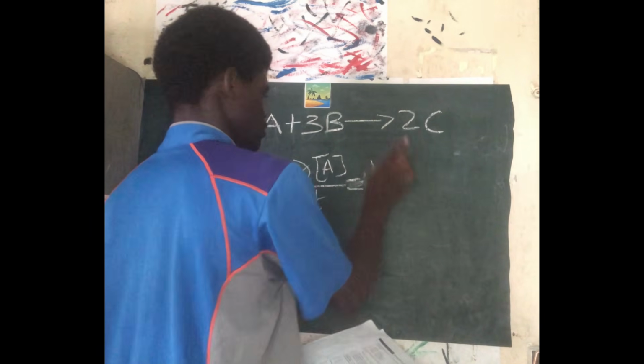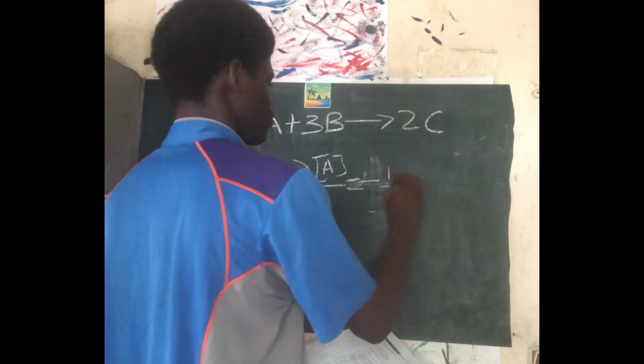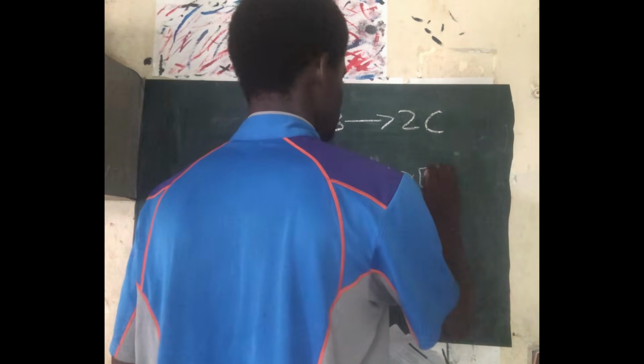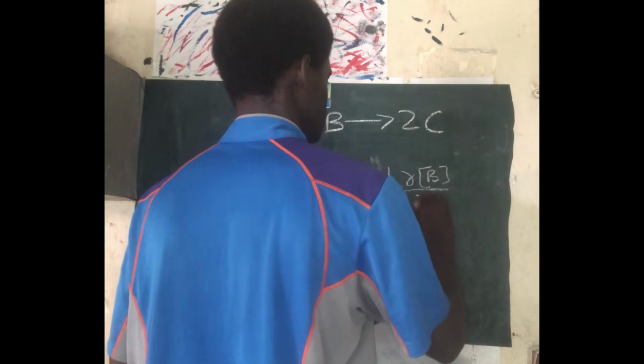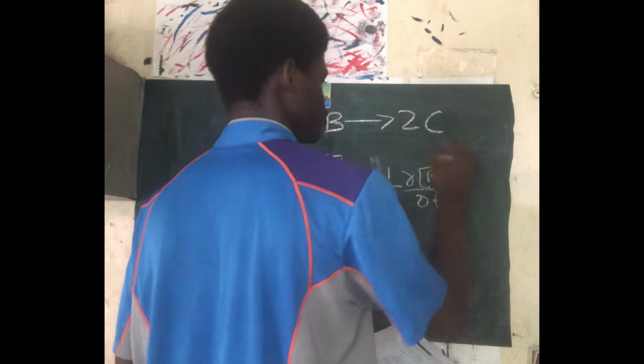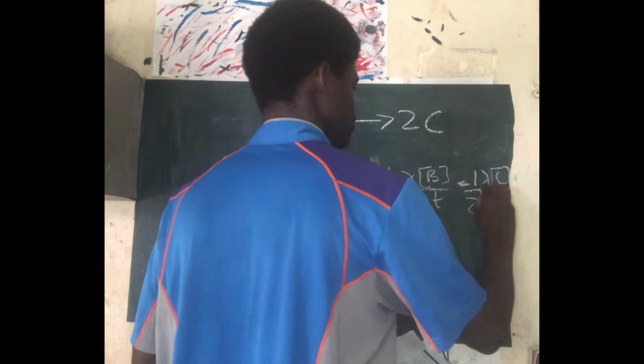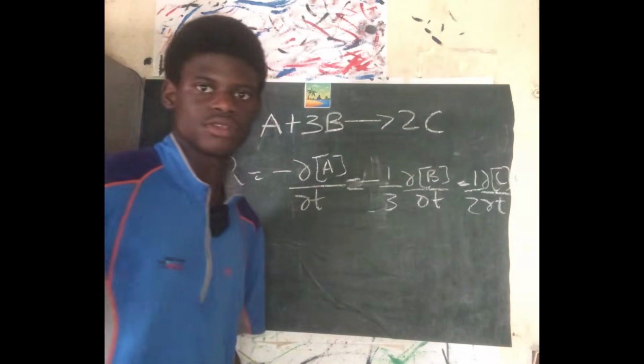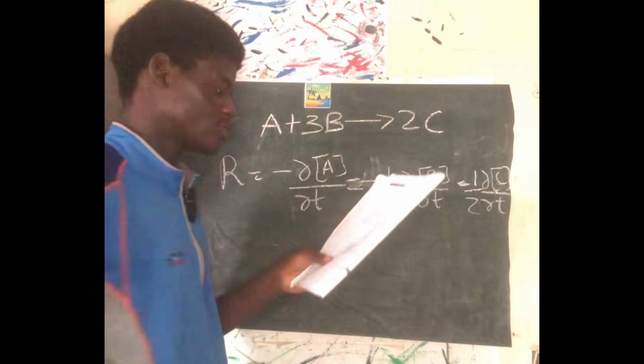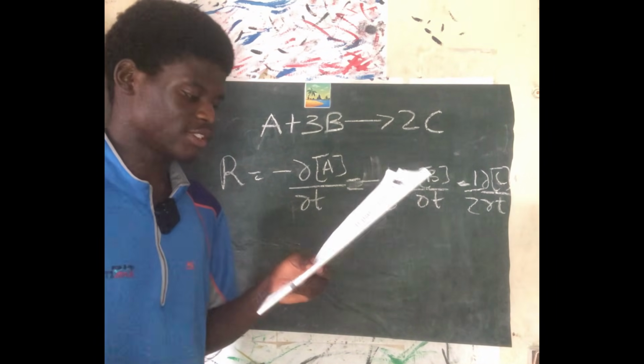So that's minus 1 over 3 dB over dt, which is equal to, this one is plus, so 1 over 2 dC over dt. You can see.